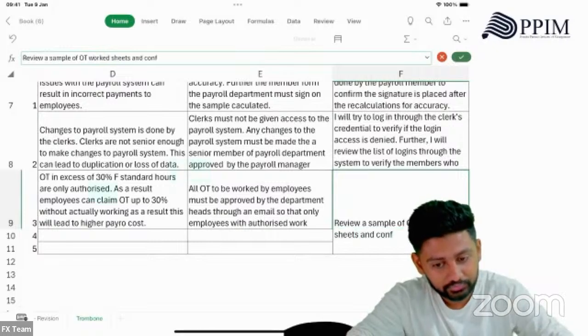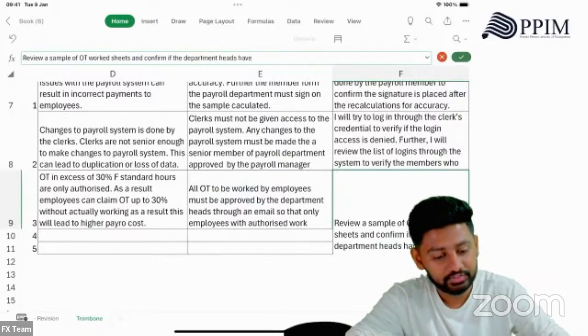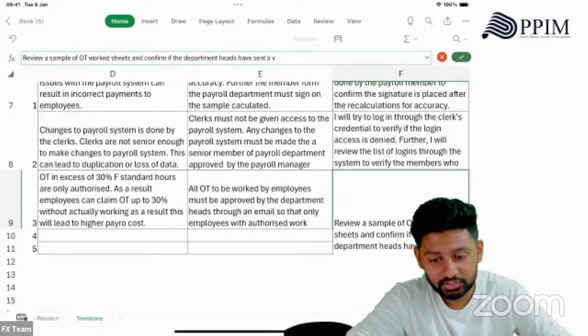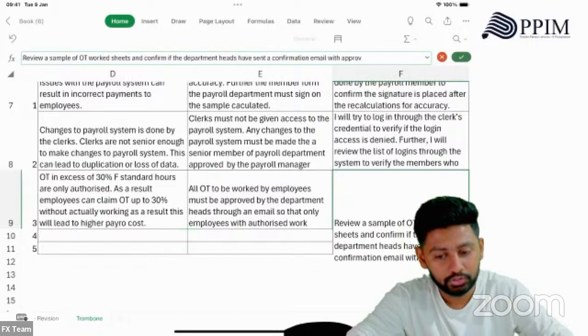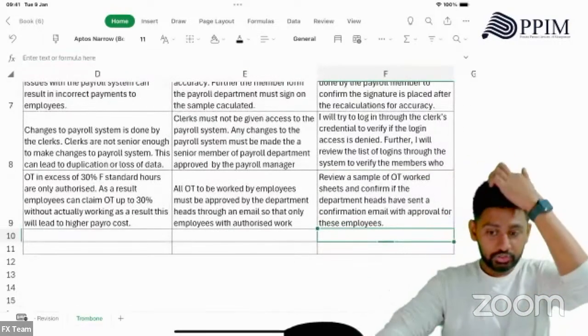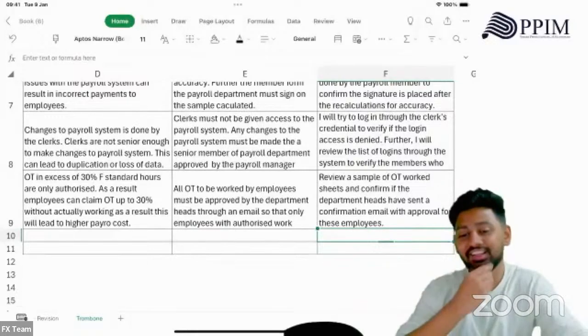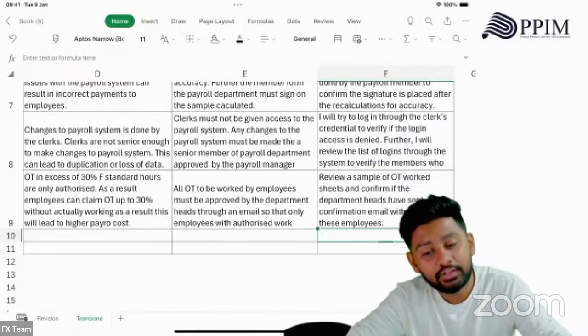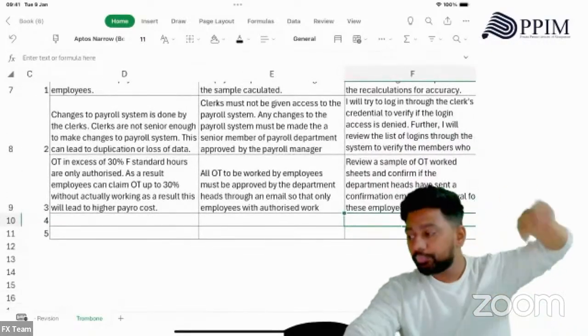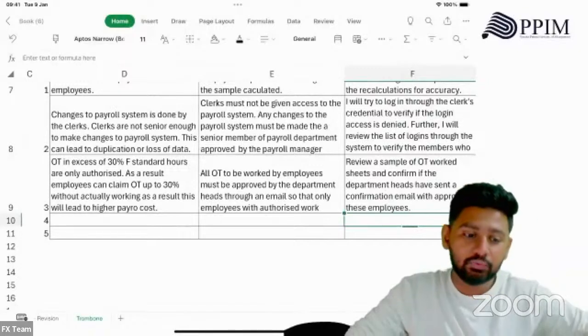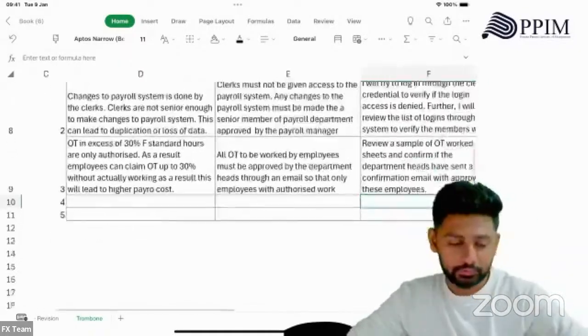Confirm if the department heads have sent a confirmation email with approval for these employees. So review a sample of OT worksheets and confirm if the department heads have sent a confirmation email with approval for these employees, so that we know the work was undertaken only with the approval of the department heads. Okay. Number 3.